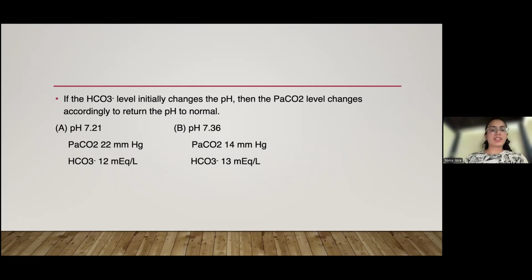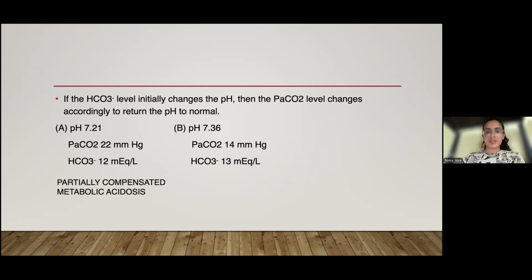So the compensation here is that PaCO2 is decreasing so that the pH will increase from 7.21. The primary is metabolic acidosis, and we can see the PaCO2 is not in the normal range, it is reduced, so some compensation is happening, but the pH is still not in the normal range. So it is a partially compensated metabolic acidosis.